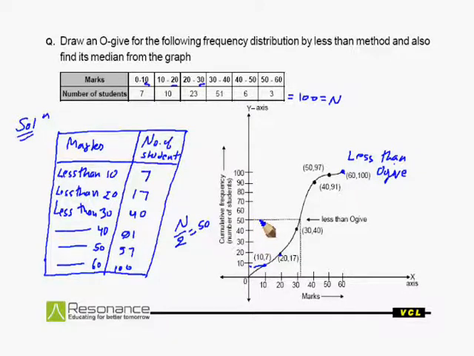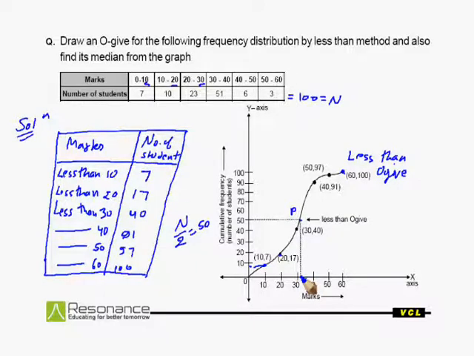Where this line cuts the graph, let's say this point is P. Now from this point P, we have to draw a line parallel to the y-axis. Now this line intersects the x-axis at this point.